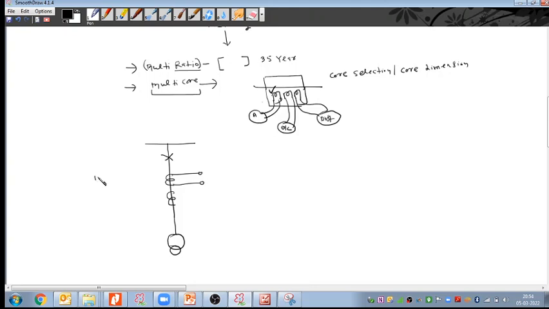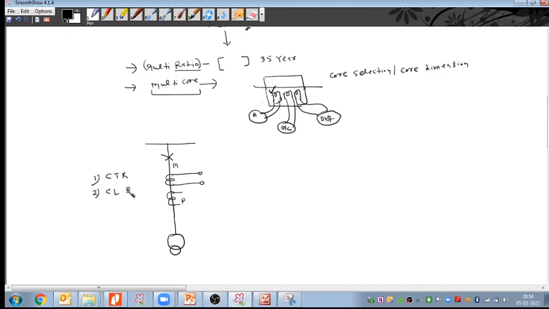The first parameter we have to specify is the CTR, the current transformation ratio, whose calculation we discussed yesterday. The second parameter we have to specify for this metering core, and we will come to the protection core later, is the accuracy class.